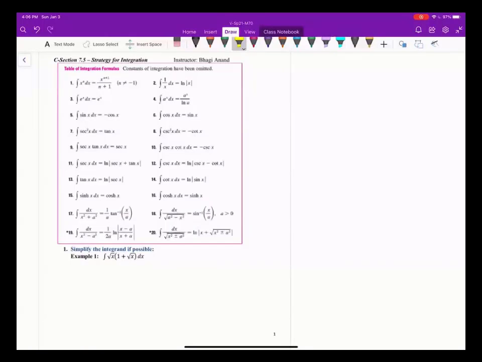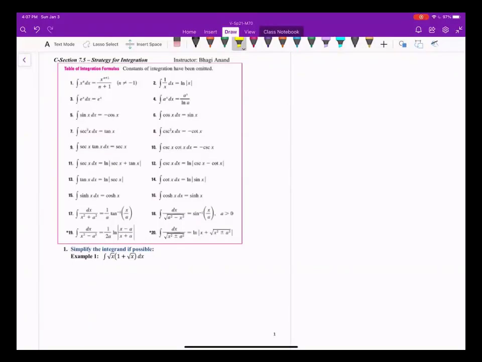Welcome, everyone. In section 7.5 of chapter 7, we are going to do the strategy for integration. We have seen some integration techniques: 7.1 about integration by parts, 7.2 trig combinations, 7.3 about trig substitution, then 7.4 about partial fractions and how to integrate.